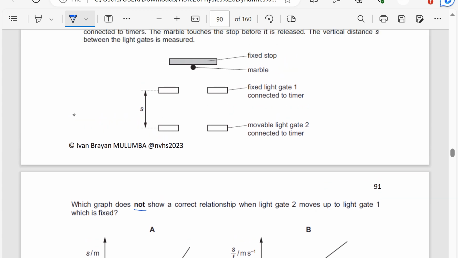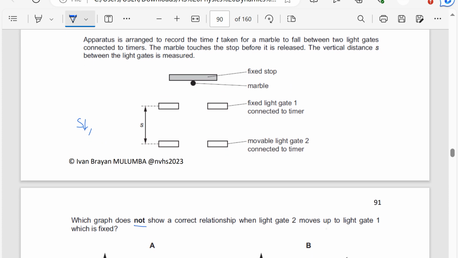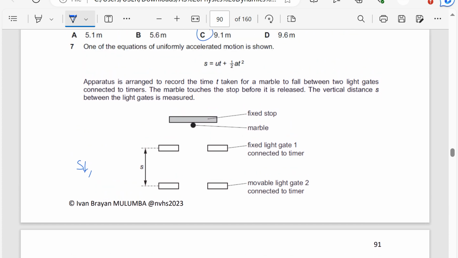Light gate 2 moves up to light gate 1, it means s decreases. If s decreases, then what happens to t? Since it is falling, initial velocity is equal to 0.